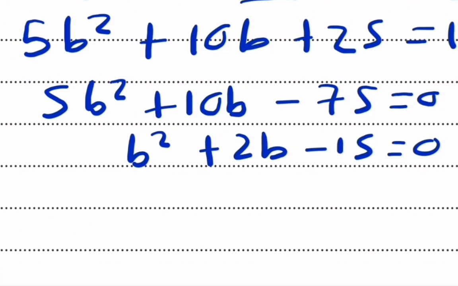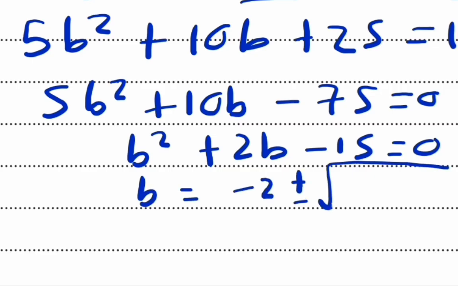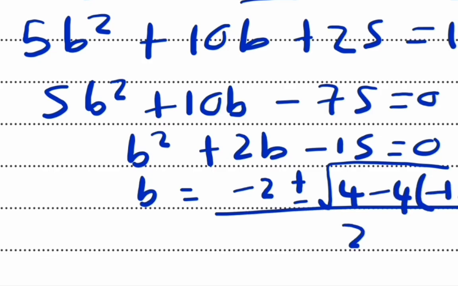And to get b, we can use our quadratic formula. So b should be minus 2 plus or minus the square root of 2 squared, 4, minus 4ac, minus 15, over 2.